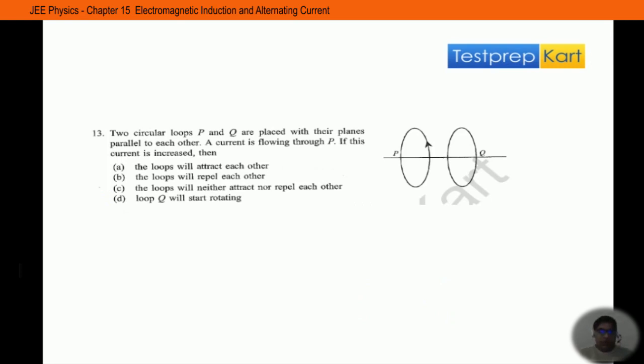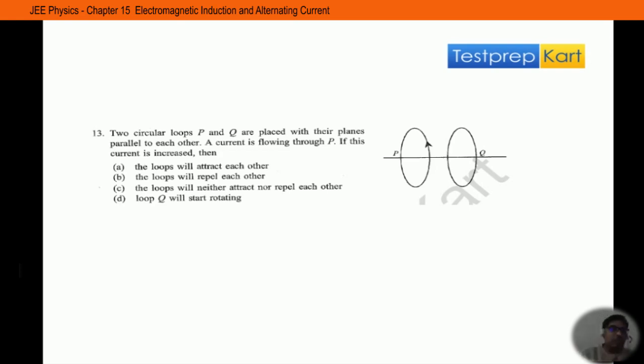Okay. Now question number 13, there are two circular loops P and Q placed with their planes parallel to each other. A current is flowing through P. If this current is increased, then the loops will attract each other, the loops will repel each other, the loops will neither attract nor repel, or the loop Q will start rotating.